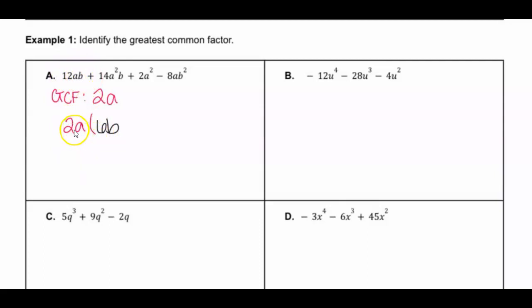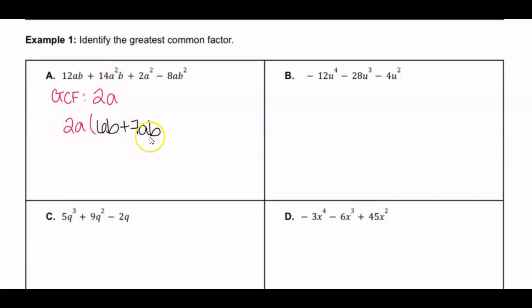Then, 2A times what will give me the 14A squared B? I'll start with my numbers. 2 times what is 14? Positive 7. I do already have my A, but this time I need an A squared. And I know A times A is A squared, so I do need an A here. And I need my B.